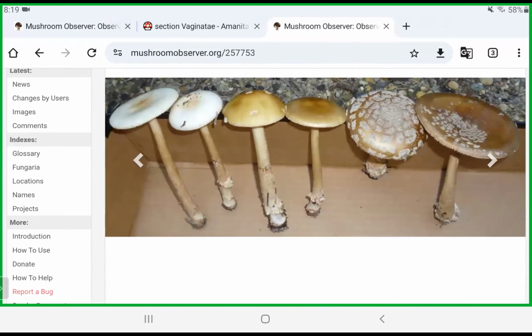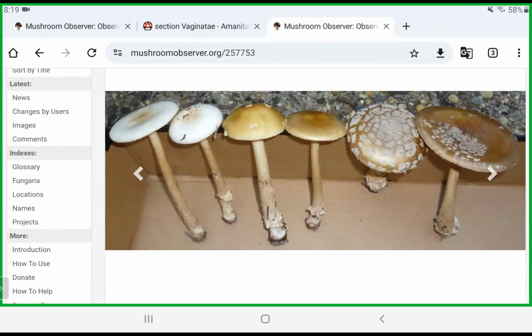Yeah, it looks like an amalgamation of, in one photo, 6 different things. So we have 3 collections here of 2 fruiting bodies each, and it's the same thing.